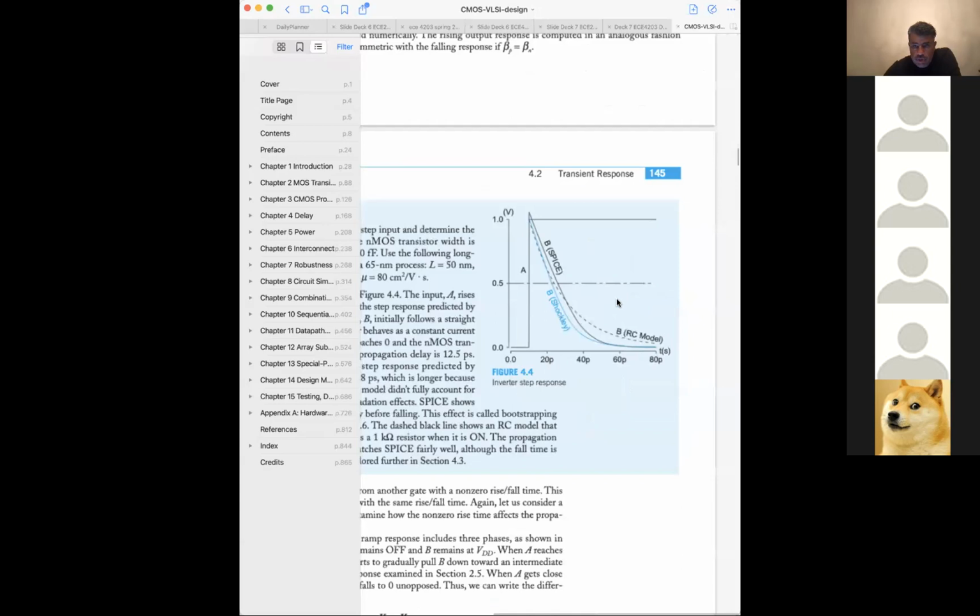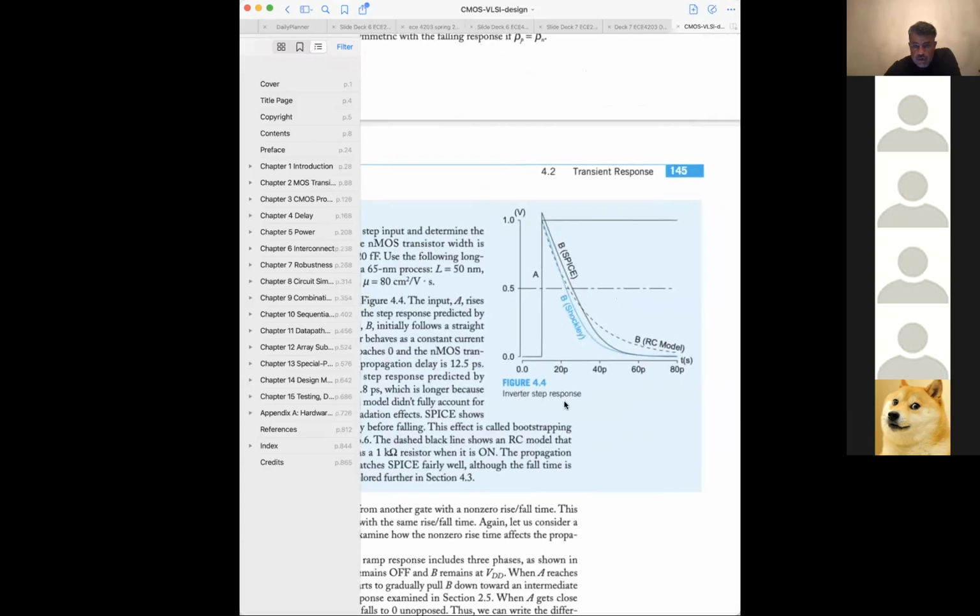So hopefully you guys see this figure 4.4, where on the horizontal axis we have time, and on the vertical axis we have voltage. And what it's doing is comparing... you guys see that, figure 4.4? Yeah, we see it. Okay.